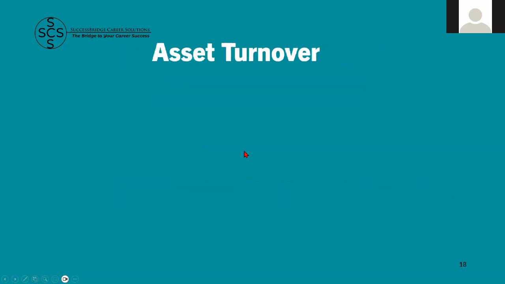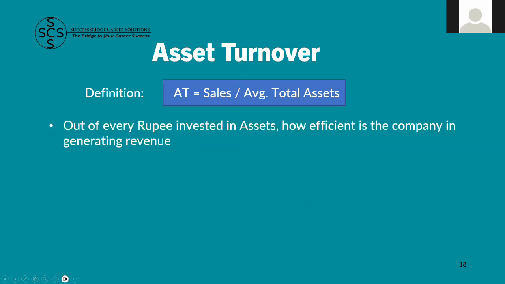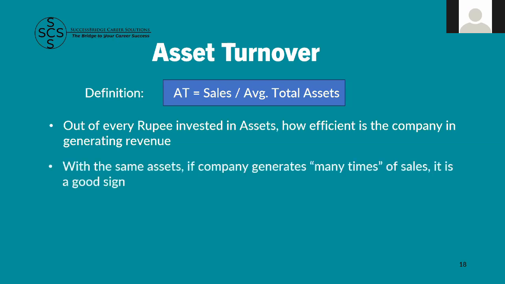Another important metric is asset turnover. The definition of asset turnover is sales divided by average total assets, whereas in return on assets, we looked at ROA equal to net income divided by average total assets. So here, asset turnover asks: out of every rupee invested in its assets, how efficient is the company in generating revenue? Mind you, it's sales and not net income. With the same assets, if the company is generating many times the sales, it is a good sign.